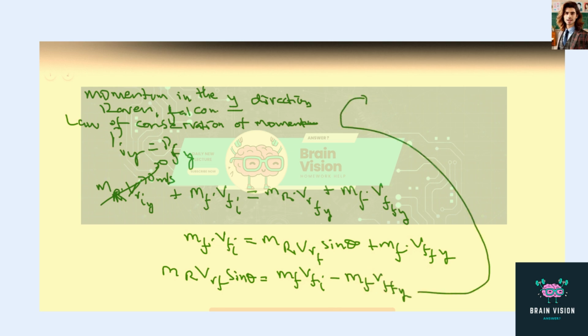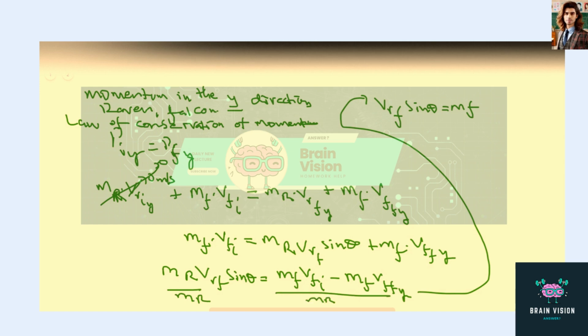If we move that up, we end up having Vr final, the final velocity of the raven in the y direction, Vr sine theta, equals, we simplify that, mf, dividing both sides by the mass of the raven.